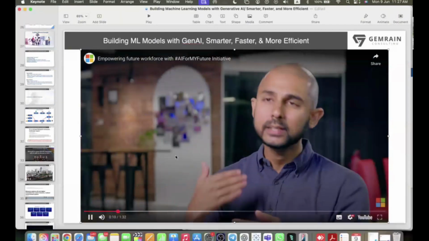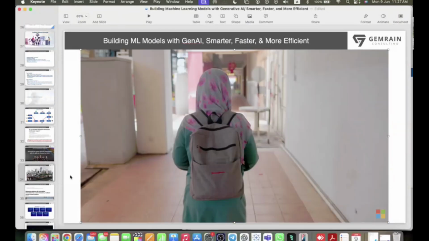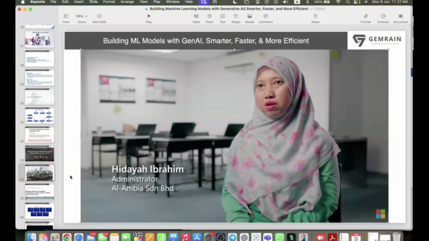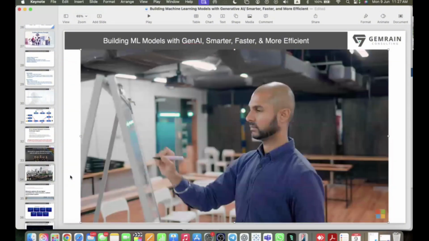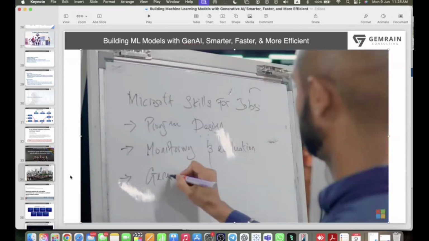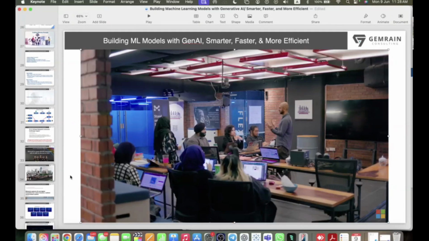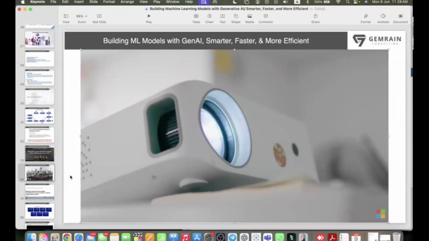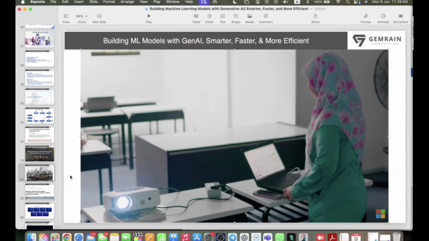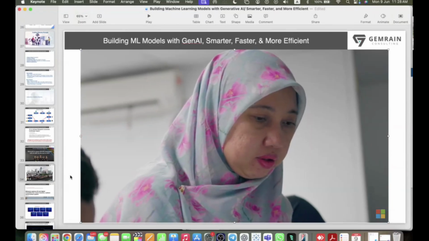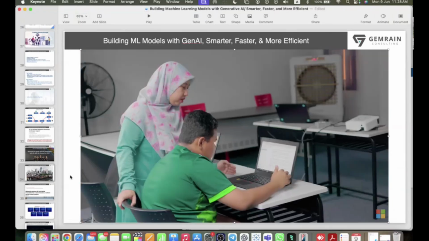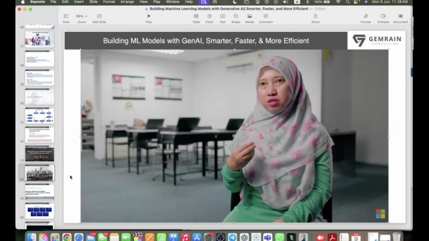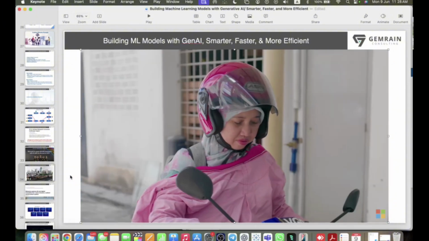In Malaysia specifically, the challenge we are seeing is we've got people who are working super hard to make ends meet, however, still not being able to afford a decent and dignified quality of life. Shifting jobs from one job to another job, it's been upside down in my life. In the Skills for Jobs program, we give people access to productivity tools so that they can make their time that much more valuable. The most important skills that I learned in the Microsoft Skills for Jobs program were in AI. I can learn from AI for my career advancement. Now, I'm working in a construction company as an administrator.